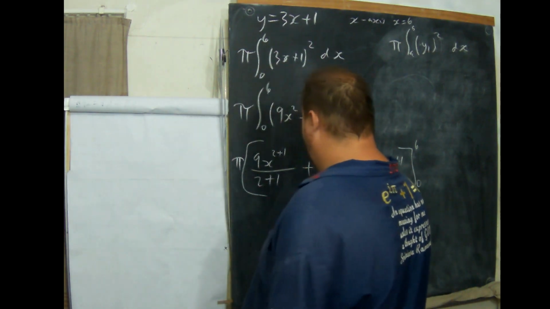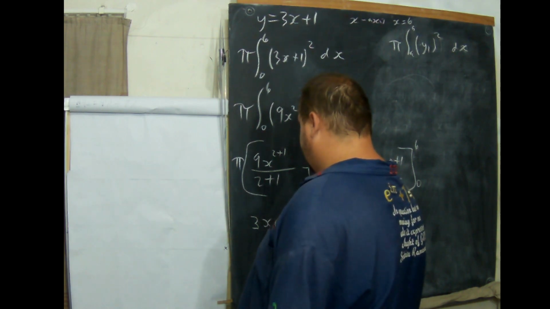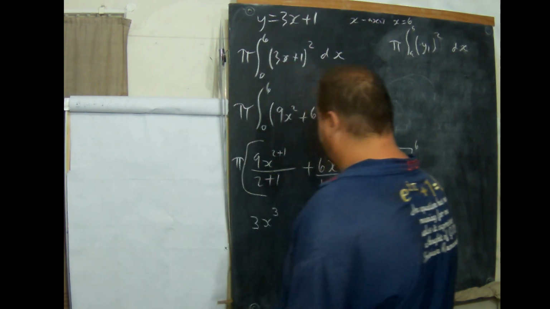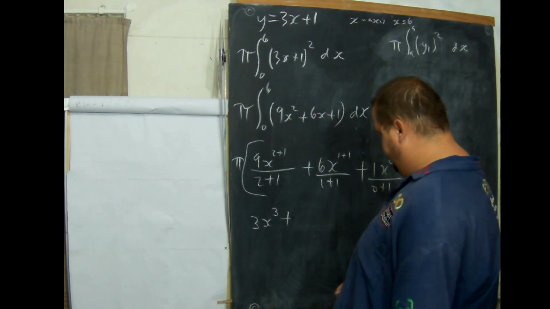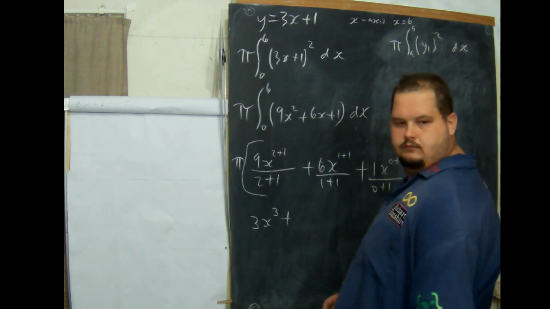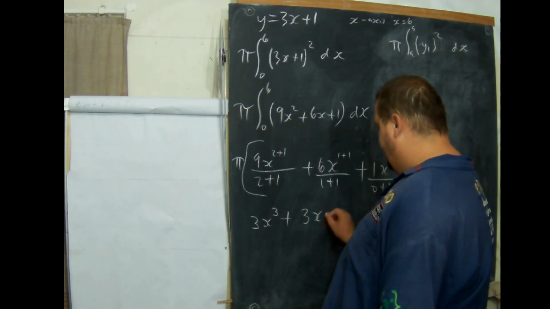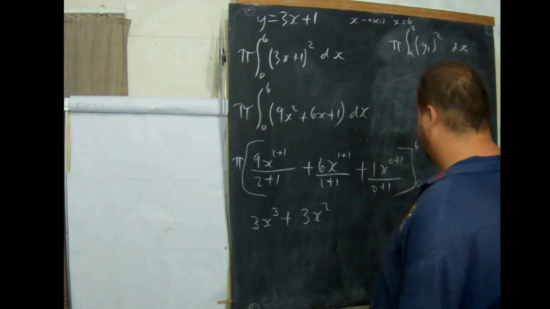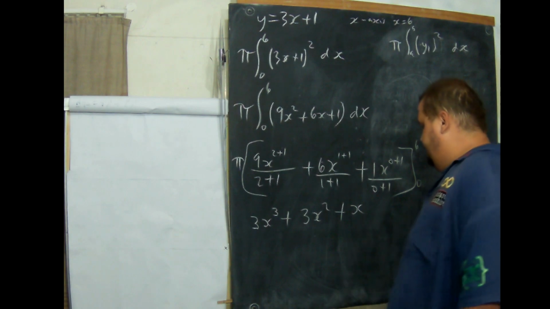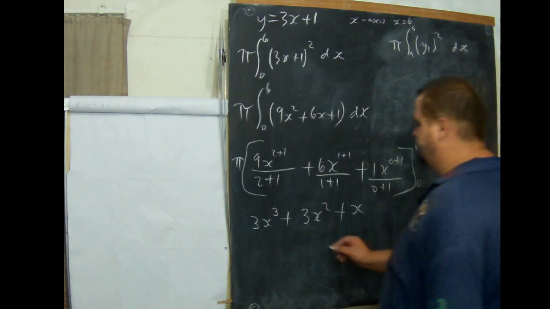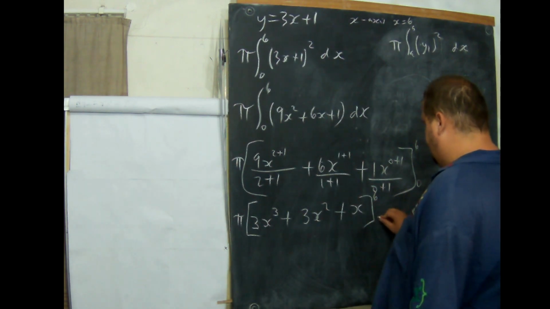So 9 over 3 is 3, so it's 3x cubed, plus 6 over 2 is 3, 3x squared, plus x. Pi, from 0 to 6.